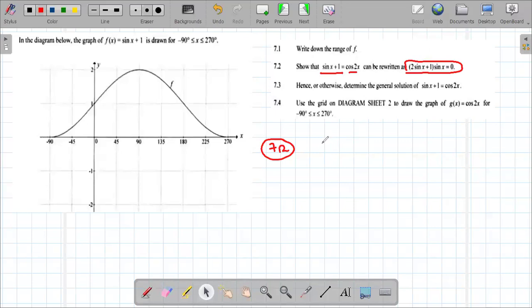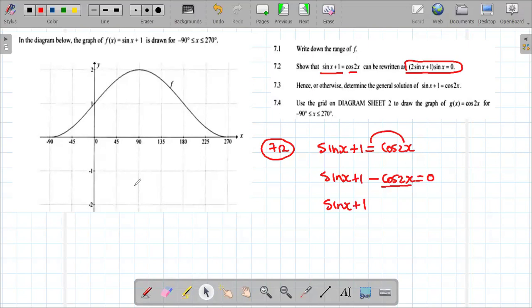Okay, we have sine x plus 1 equals cos 2x. Take it to the other side and see what life holds for us: sine x plus 1 minus cos 2x equals 0. Remember, cos 2x is a double angle, and cos 2x can be changed to cos squared x minus sine squared x.